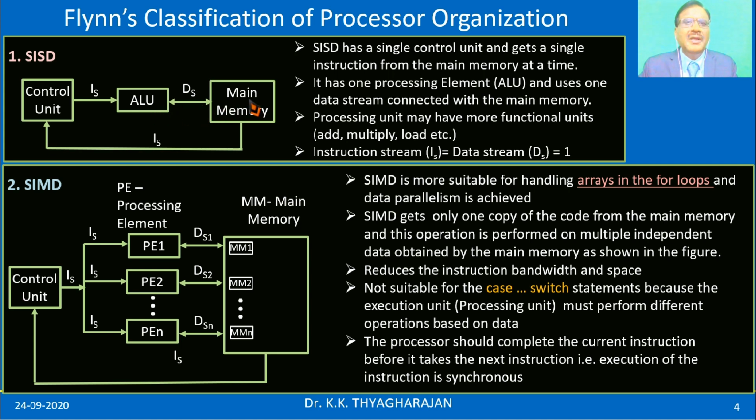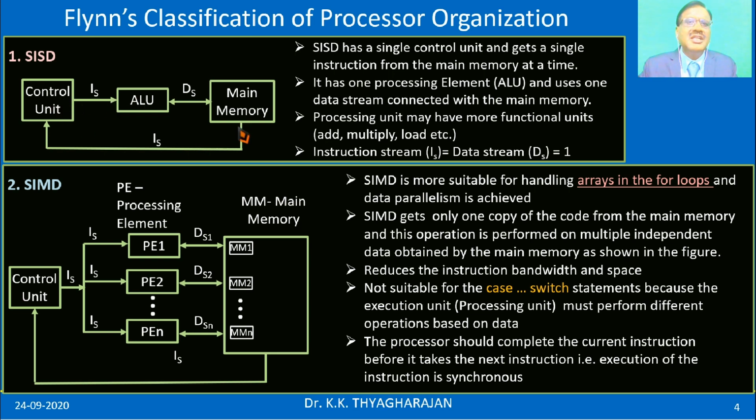For example, the data may be obtained from the main memory to this processing unit, or the result may be stored in the main memory. So this is a two-way connection. So the data stream is having a two-way connection, but the instruction stream is having only one-way connection because the processed data will not be transferred to the control unit.